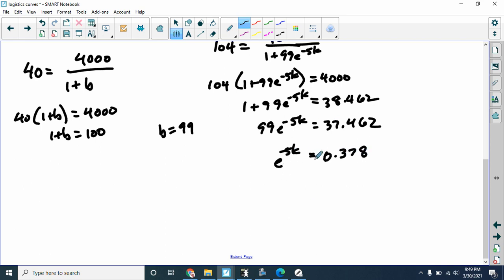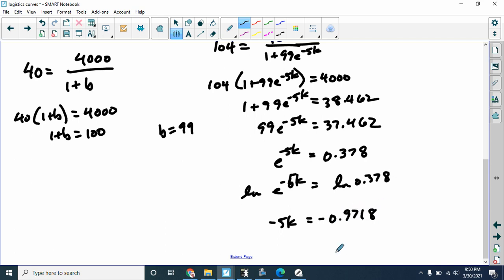To solve e to an exponent equals something else, we're going to take the natural log of both sides. Natural log of e to the negative 5k is just negative 5k, is negative 0.9718.